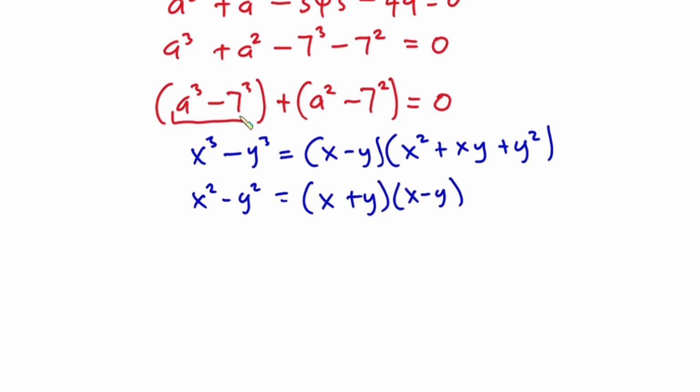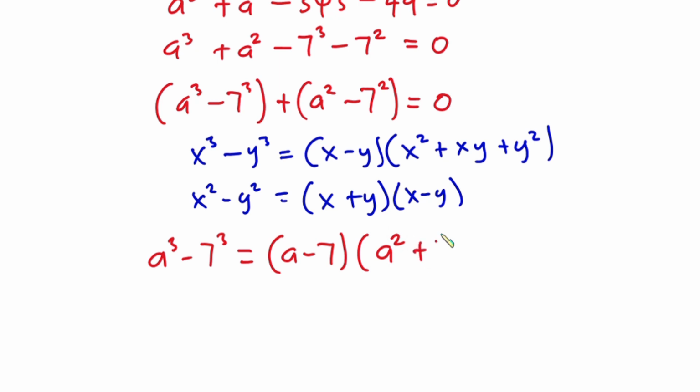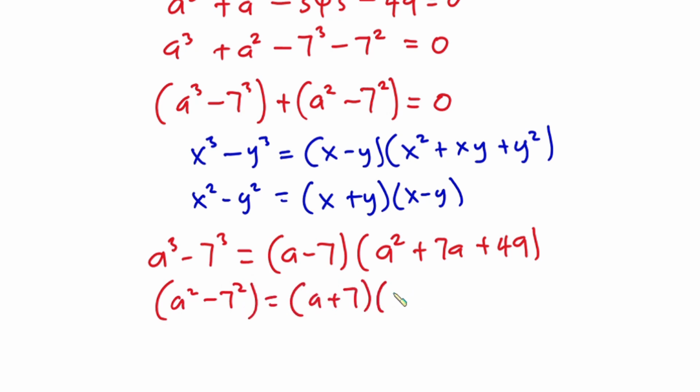So let's apply the same idea here. We have a to the third power minus 7 to the third power is equal to a minus 7 times a to the second power plus 7a plus 49. Then a squared minus 7 squared, that is difference of two squares, which is equal to a plus 7 times a minus 7.